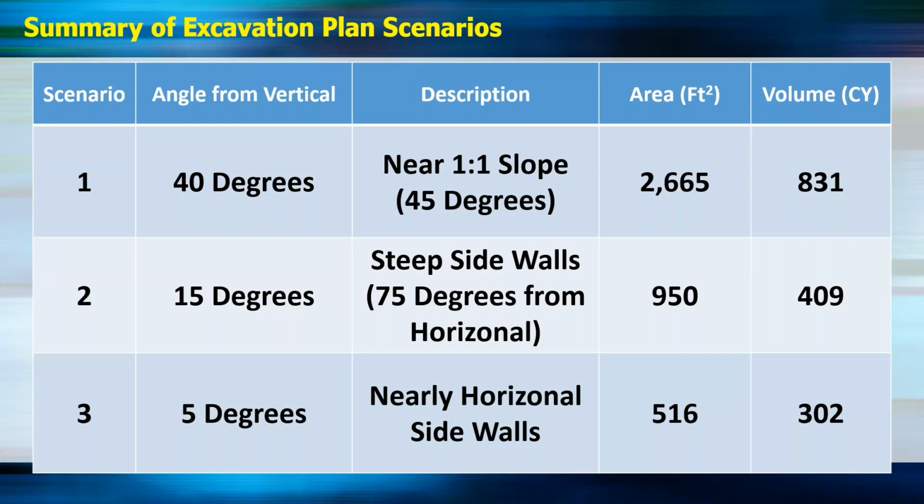And of course, the angle of your excavation is going to depend mostly on the geology of the site. If you're in real dense clay, medium plasticity clay soils, you could probably get away with a 5-degree or even close to 0-degree vertical sidewall, and you might have a small excavation like that.